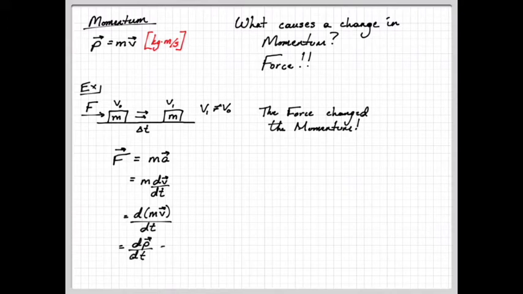So it turns out that a force is actually the time derivative of momentum. Say that again. Force is the rate of change of an object's momentum. In fact, this is actually the definition for Newton's second law.